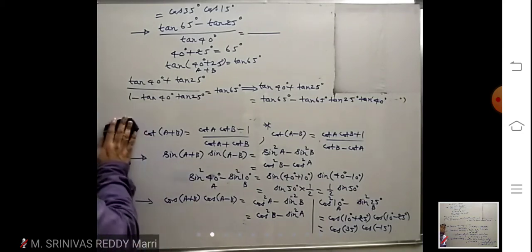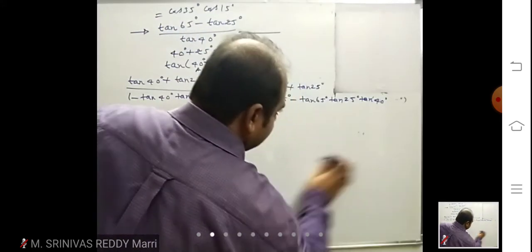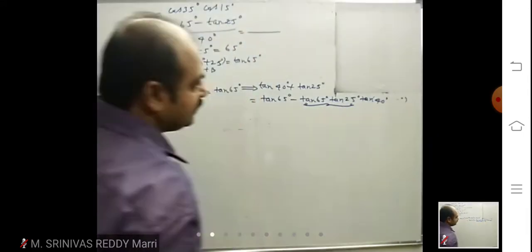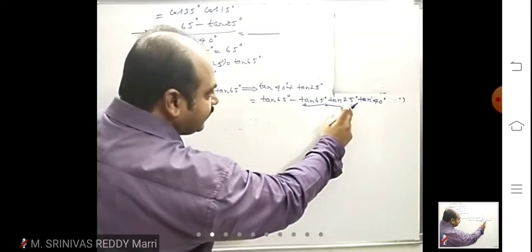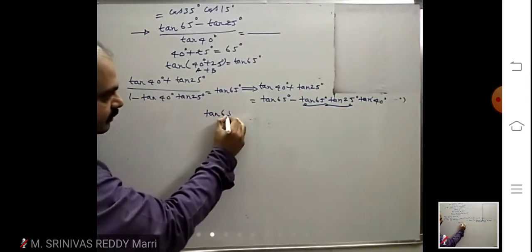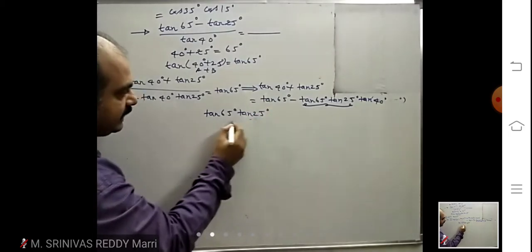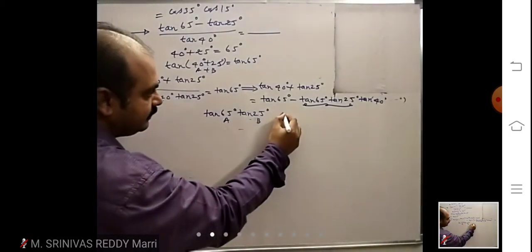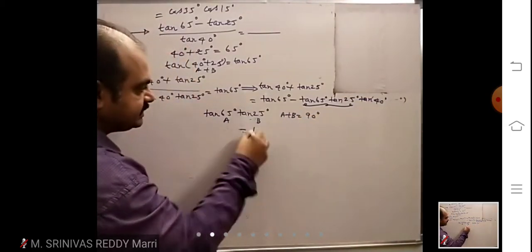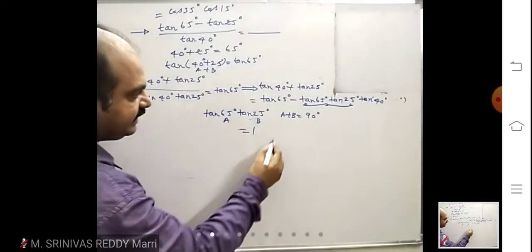If you multiply that, you can observe here, this is tan A into tan B. This is A, look at tan 65 into tan 25. This is A and B, A plus B equal to 90 degree. What is that value? 1. You can remember this: tan A into tan B equal to 1.